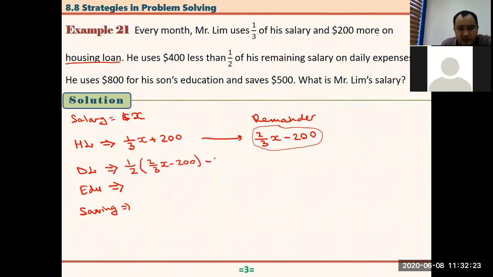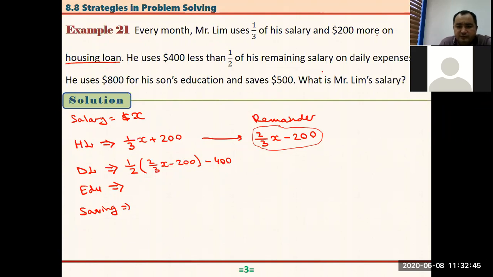So it is minus 400, right? He uses this much on daily expenses. Okay, so if I just simplify this, let me just use this one, is this much, right?